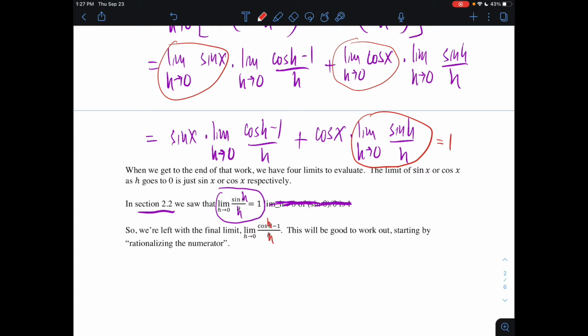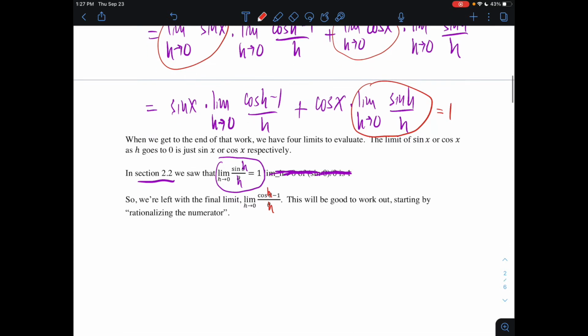So we're going to do something with this that is similar to what we saw with limits of fractions that involved rationalization. So I'm just going to write down the limit as h approaches 0 of cosine h minus 1 divided by h.